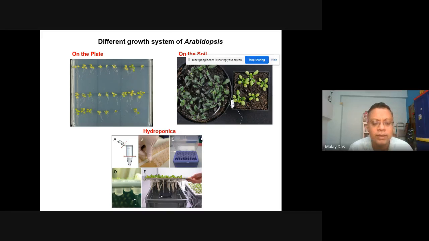For instance, researchers studying root development want to observe the developmental patterns of the roots. So they need to grow the plants either on plates or in hydroponics, because if you grow the plant on soil, you will not be able to observe the roots and how they are growing, since the roots are growing underground.